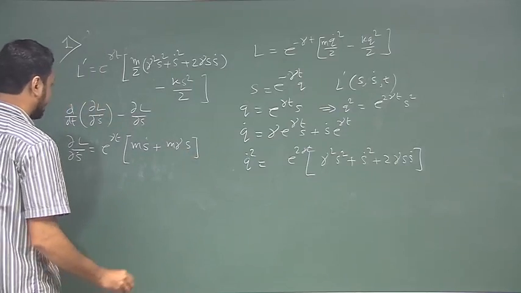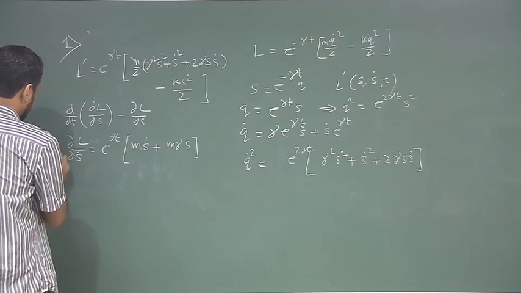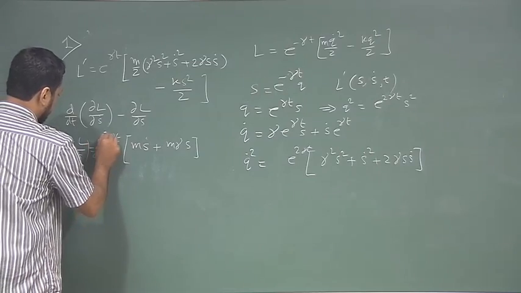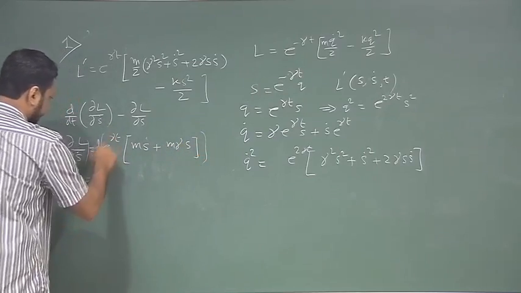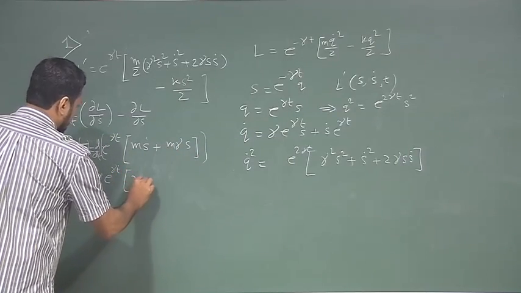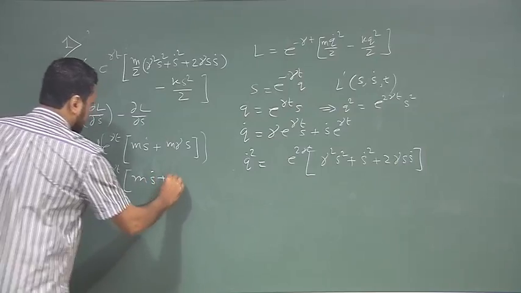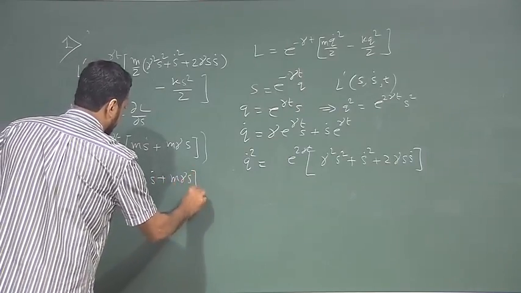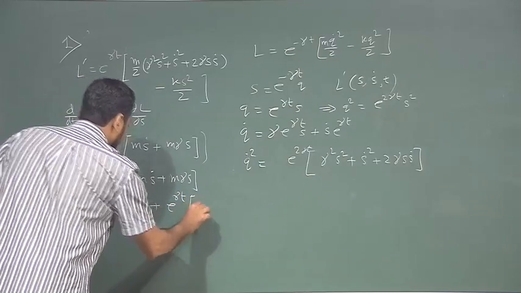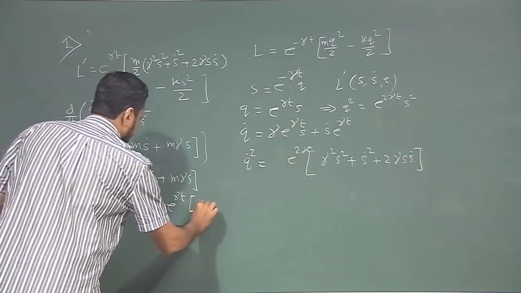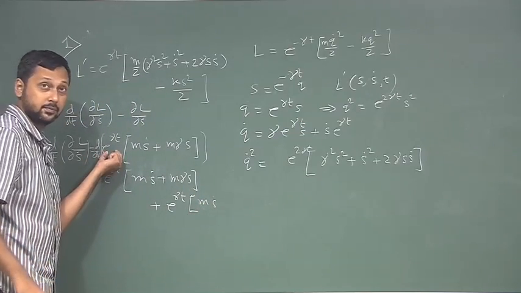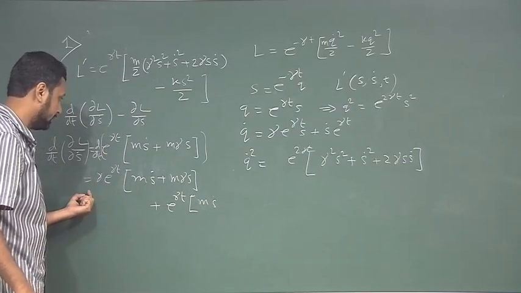So, if I take d dt of this whole thing here, first we have to take out gamma e to the power gamma t times m S dot plus m gamma S, and we have to add e to the power gamma t m S double dot. So, first we took the derivative of this term and multiplied it here.